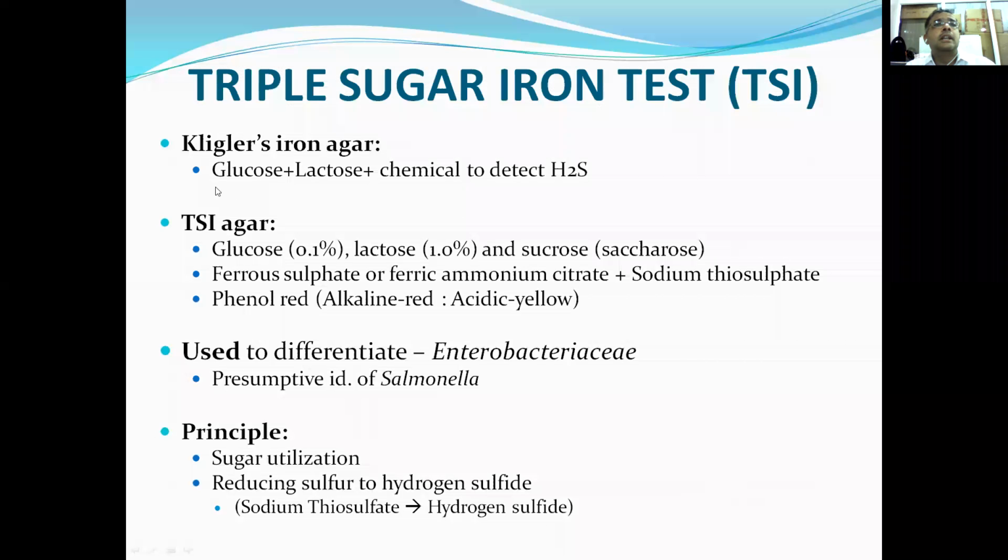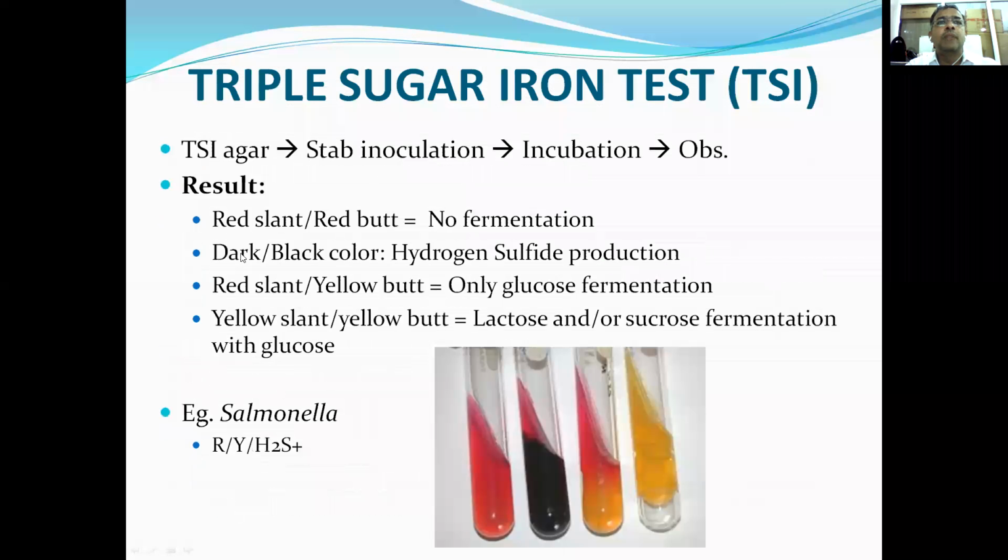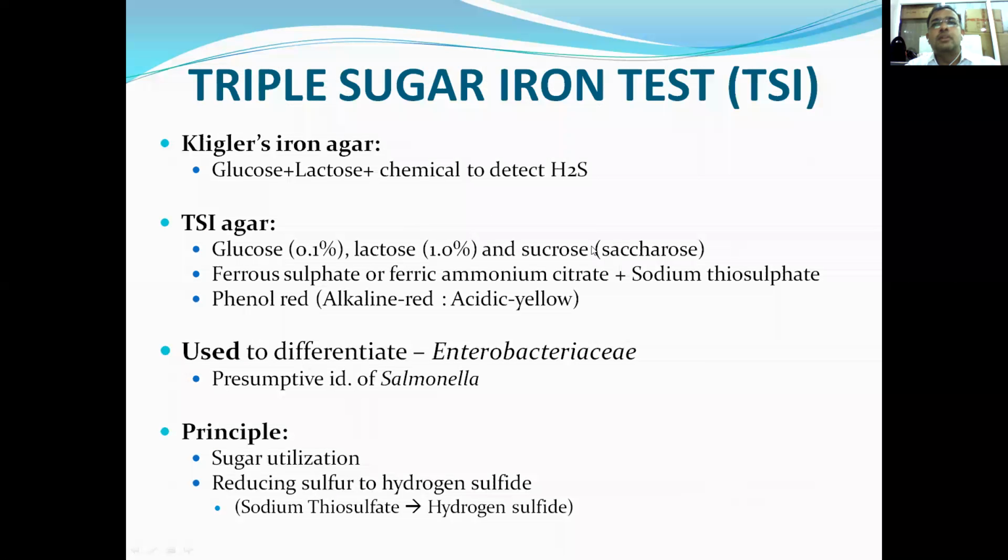So TSI agar contains 2 important things. One, the sugars, and second, the source of iron. Triple sugar means it contains 3 sugars, namely glucose, lactose and sucrose.